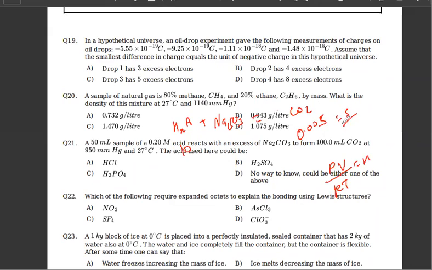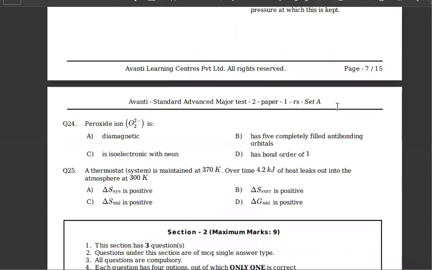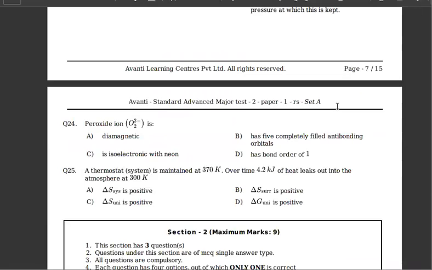So the ratio is 2:1, as simple as that. Next, after 21, questions 22 and 23 are theory, I guess. 24 also could have been done easily. 24 was easy. 25 was done in the classroom. 27, okay.